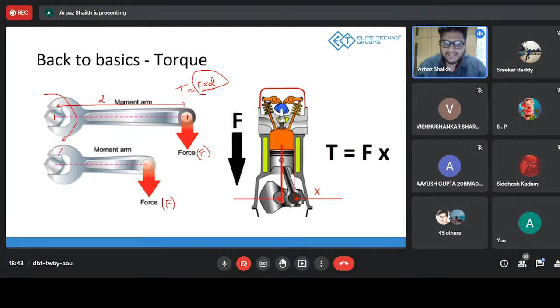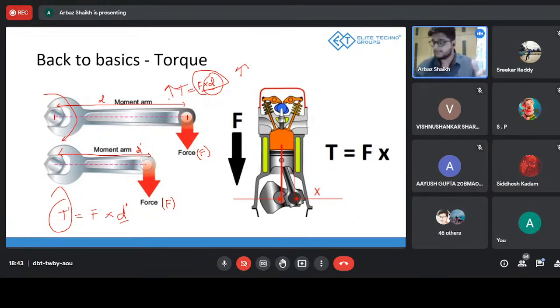The only thing that has changed is this D. Instead of D, we now have D dash. So the torque for the smaller spanner is F into D dash. If D is smaller, the torque will be smaller. If D, like over here, was higher, the torque was also higher.